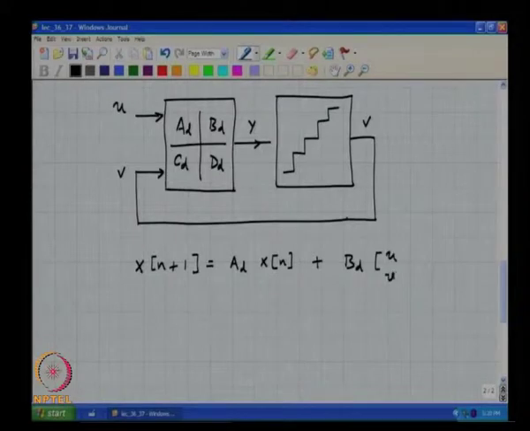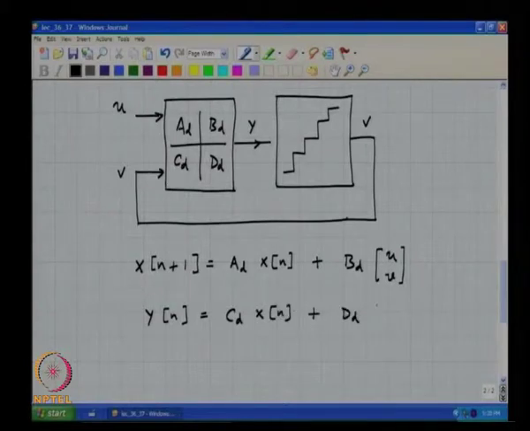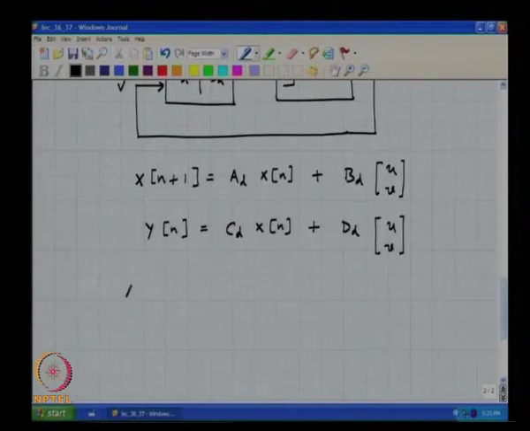So, this is a 2 row 1 column system, right, and y of n is C x plus d times u and v, right. So, in general the AD matrix will be an n by n matrix, it is a square matrix.